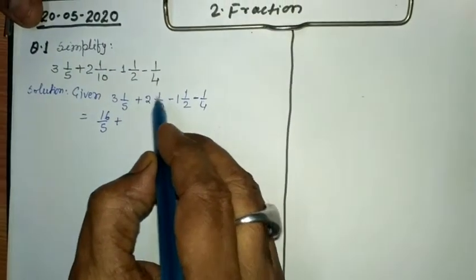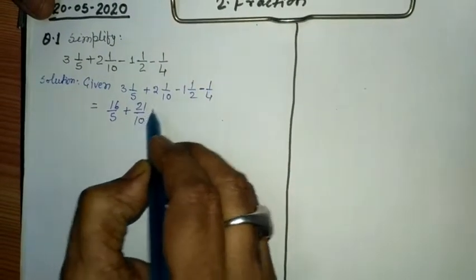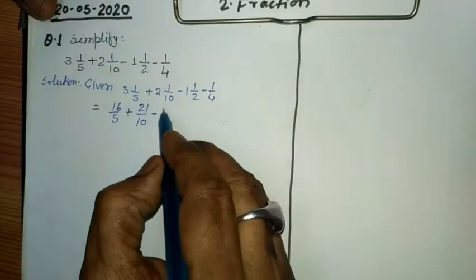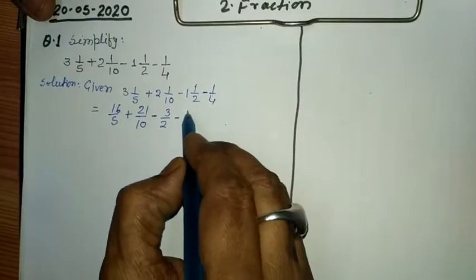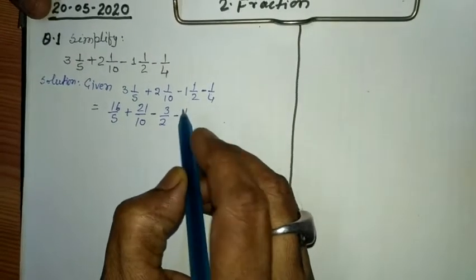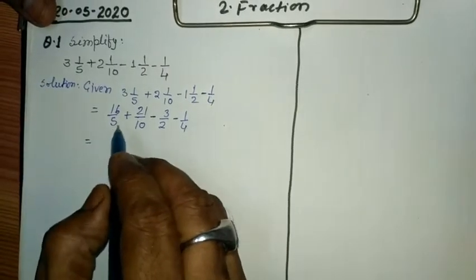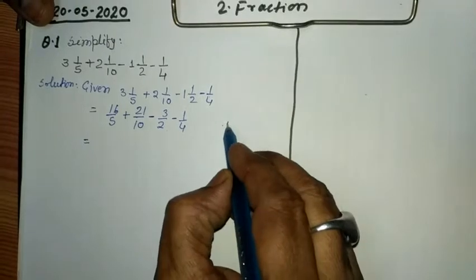2 tens are 20 plus 1, 21 upon 10, minus 2 ones are 2 plus 1, 3 upon 2, minus 1 upon 4. Then we take the LCM of 5, 10, 2 and 4.